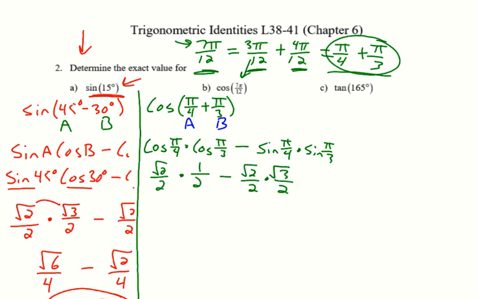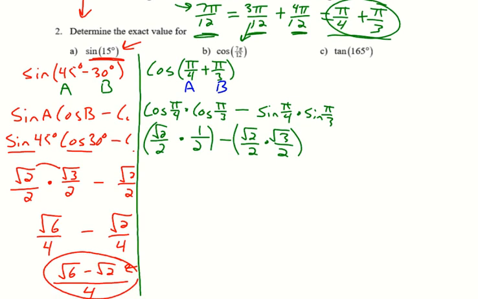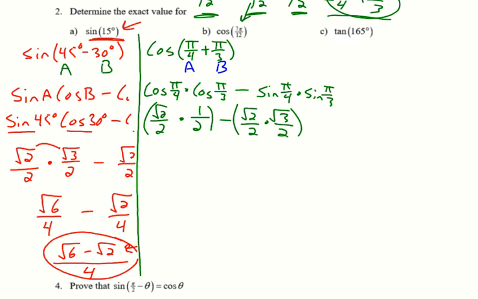So you start to notice that it's pretty much always going to be these same numbers, right? So you've got to get good at these numbers. All right, so now this ends up being root 2 over 4 minus root 6 over 4. And this one looks similar to the last one, but it ends up being root 2 minus root 6 over 4.